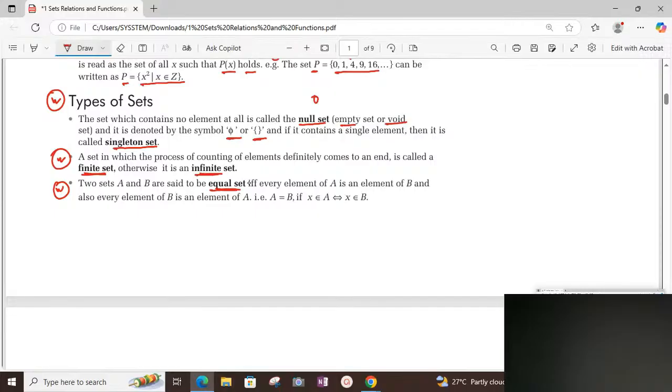Here A and B are said to be equal sets if every element of A is an element of B, and also every element of B is an element of A. So A = B if x is an element of A, then x is also an element of B. There should be no problem understanding the null or void set, singleton set, finite set, infinite sets and equal sets.